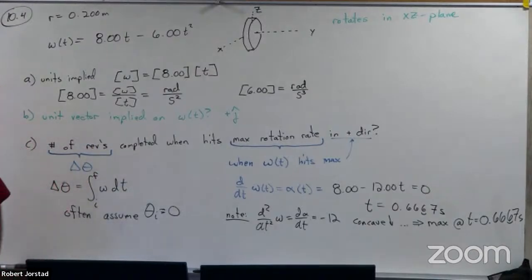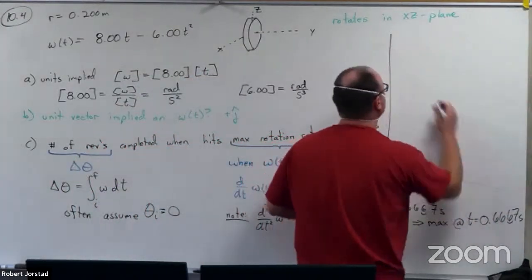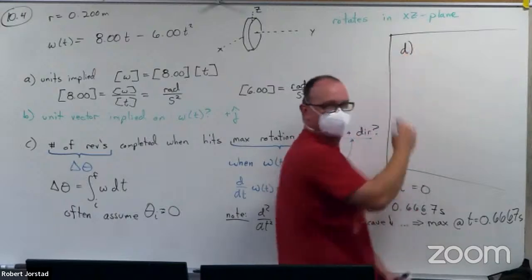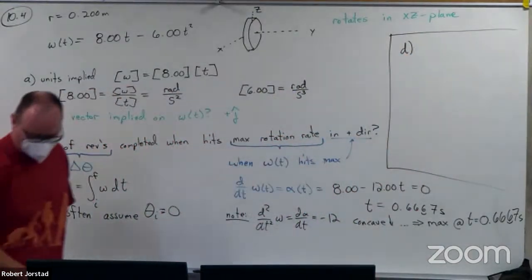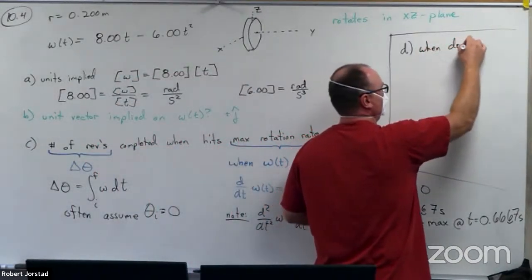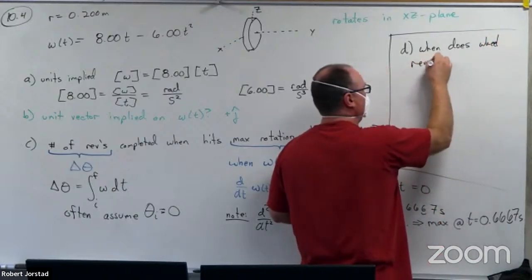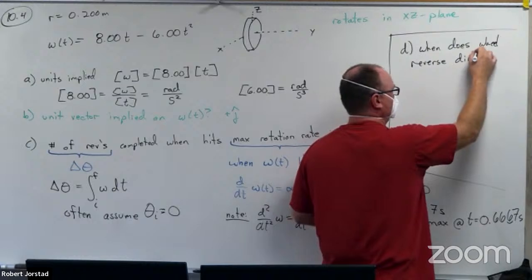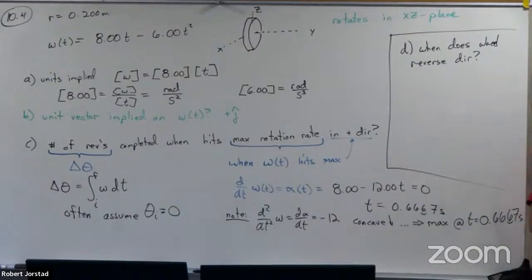Okay. Part D. I'm going to squeeze that in right here. When does the wheel reverse direction? How would you figure that out? Omega of t, set equal to 0.